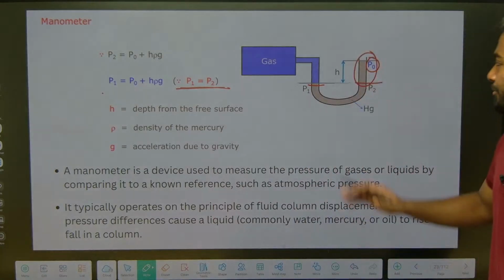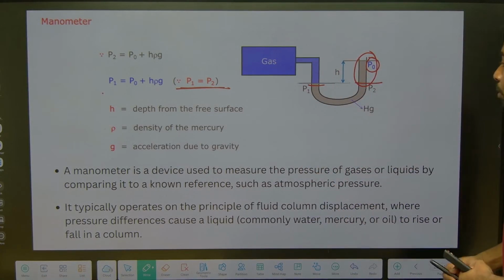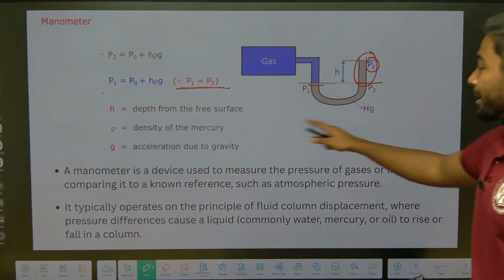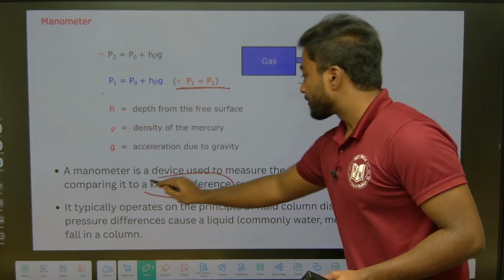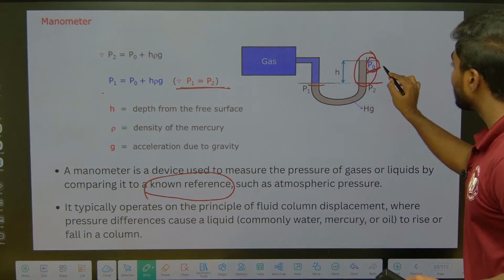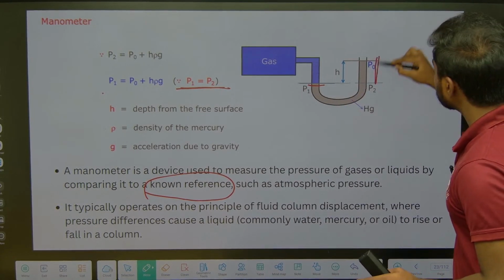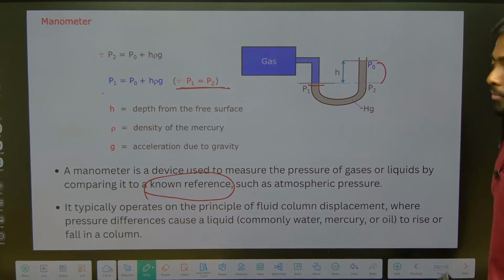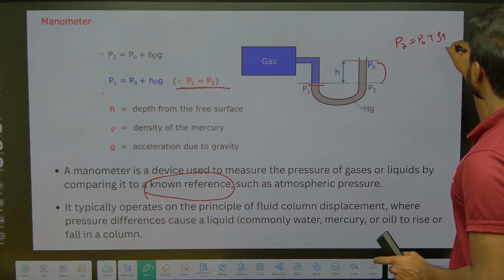So we can take the reference of one pressure with respect to another. A manometer is a device used to measure the pressure of a gas or a liquid by comparing it to a known reference. We know the reference P0. Now let me take P0 and P2: P2 equals P0 plus rho g h.